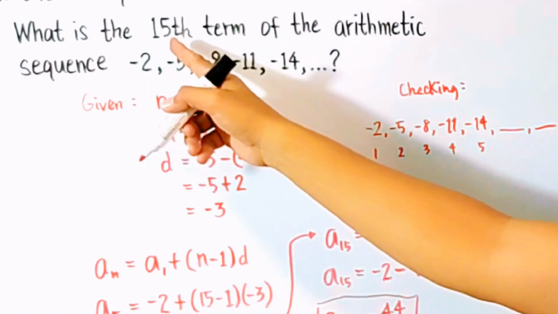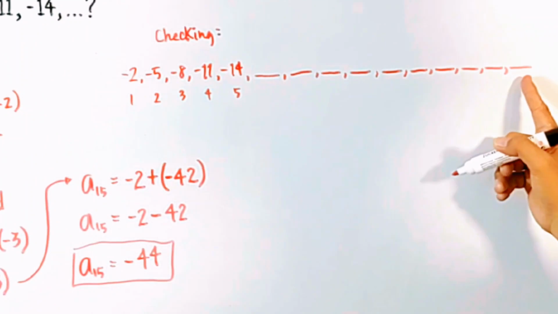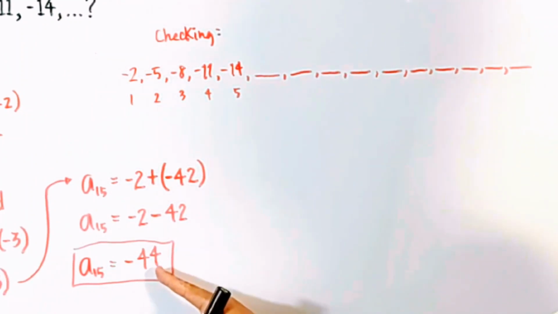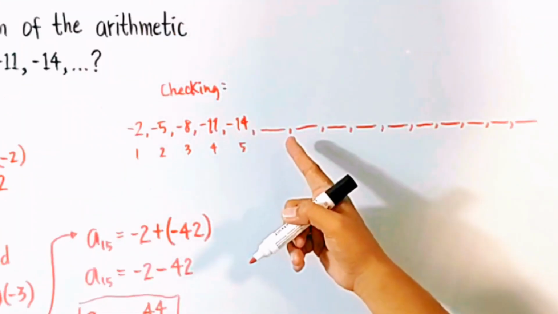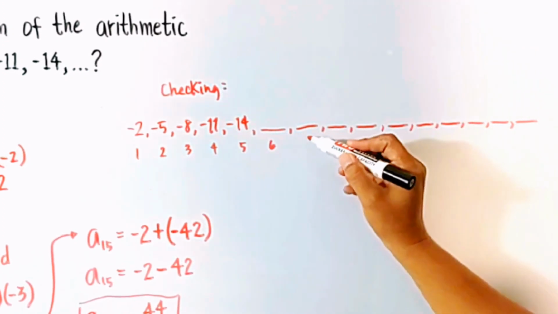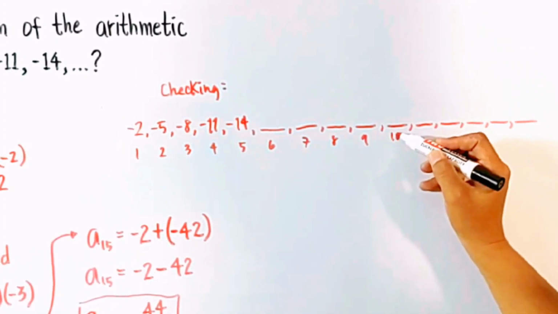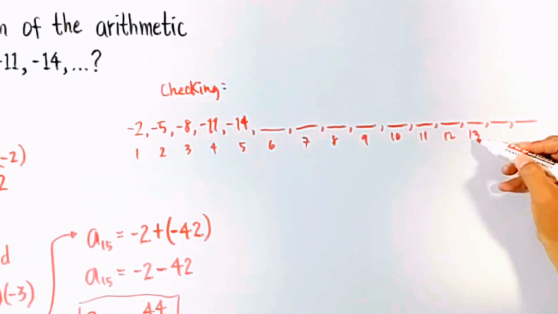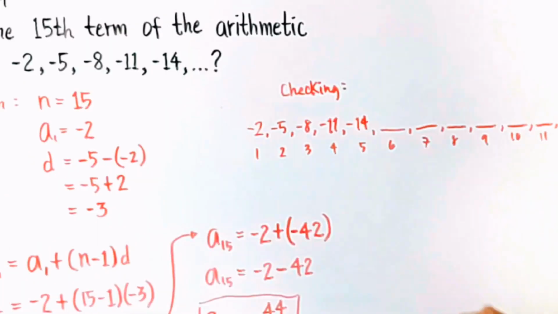Since we are solving for the 15th term, this value should be equivalent to negative 44. Let us fill out all of these blanks here: 6th term, 7, 8, 9, 10, 11, 12, 13, 14, and 15.